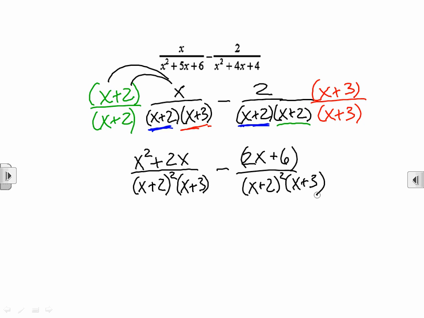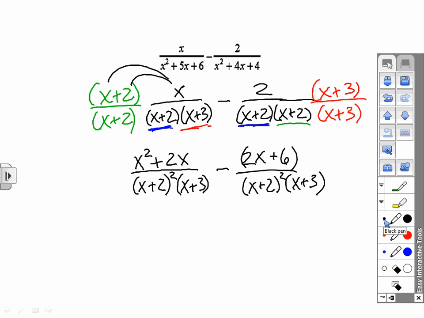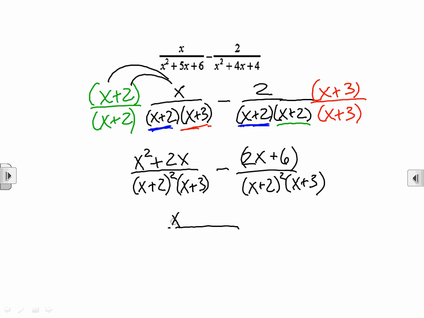Now I get to distribute that negative and combine everything into one fraction. So I would have x squared plus 2x minus 2x minus 6 all over x plus 2 squared times x plus 3.